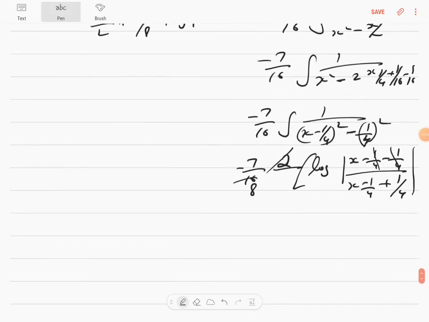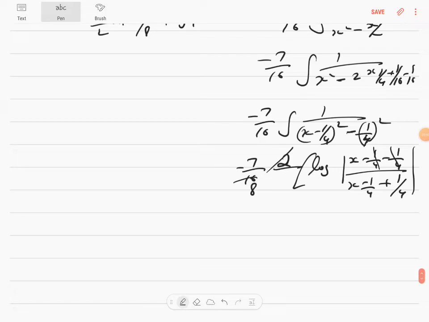This and this get cancelled. No, this and this doesn't get cancelled. Denominator gets cancelled. Yeah, and this. So minus 7 by 8 into log of mod of x minus 2 by 4 is minus 1 by 2 by x.